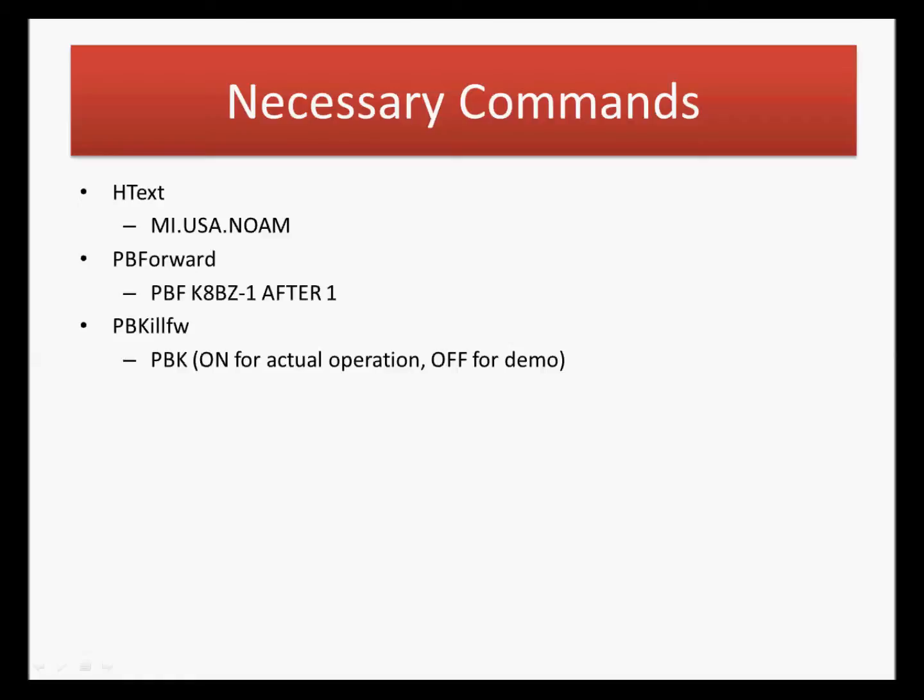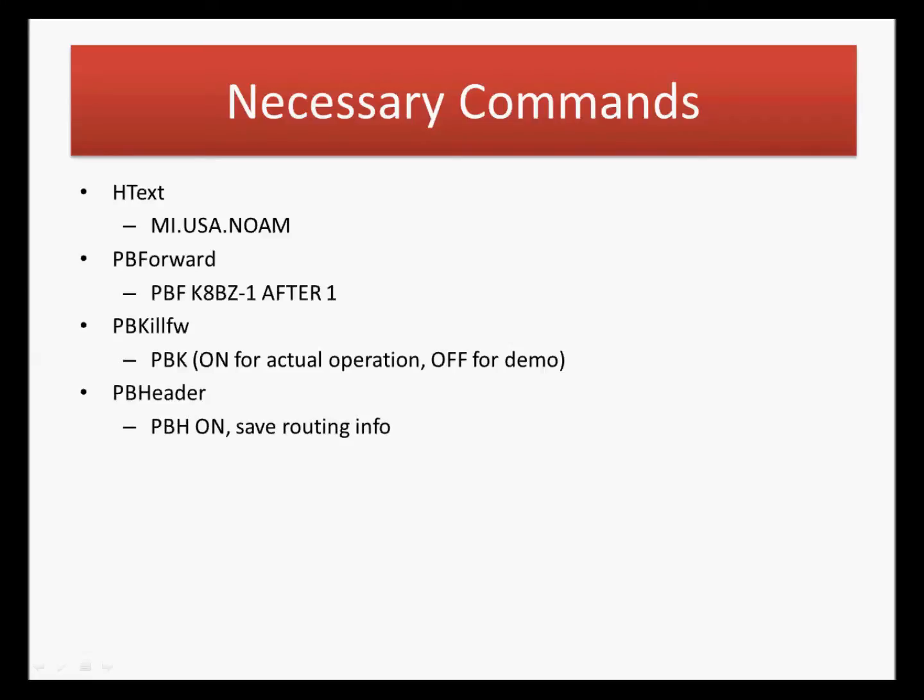So for that reason, in a normal network, we'd want the PBK, or the PB kill command, turned on, so it will delete these messages after they're forwarded. For our demonstration, though, we are going to leave that command off because I want to log into the bulletin boards and show you what happens to the messages after they're forwarded. So I don't want them killed for our demonstration, so we'll leave that off for our demo.